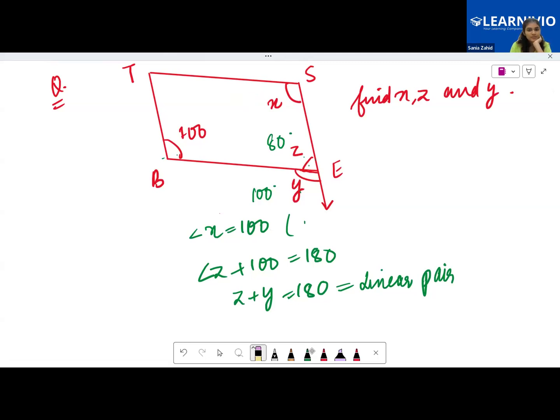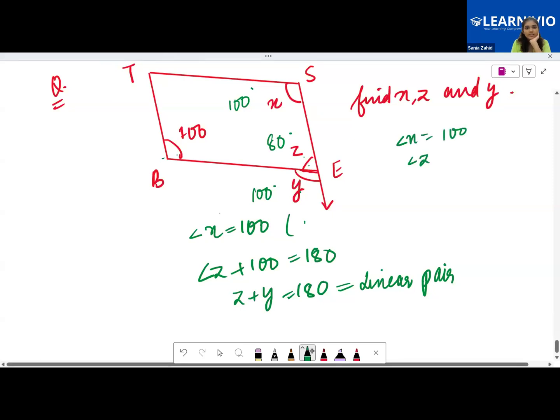Ma'am, I did not say angle X is 80. Okay, so Z is 80, no problem. Angle X is 100, angle Z is 80, and angle Y is 100 again. Okay, clear? Yes, ma'am.